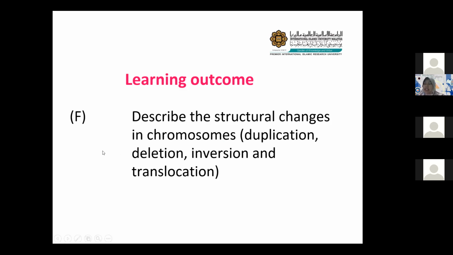Describe the structural changes in chromosome. Okay, structural changes. Remember, there are two different types of chromosomal mutation. Chromosome mutation ada dua, kita dah discuss tadi. One is related to structural changes, and number two is changes in terms of number.